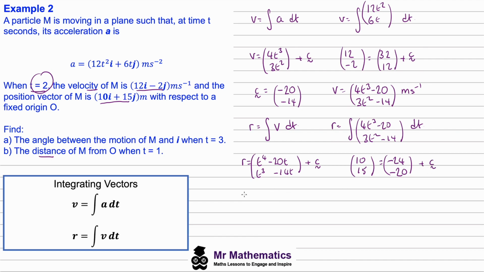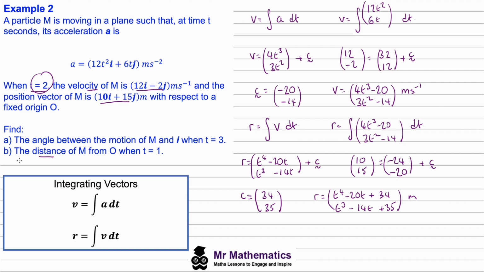So C then, as a vector, we'll move the negative 24 to the left-hand side, so we get 34. For the j component, we'll move the negative 20 to the left-hand side and we'll get 35. So r, in terms of t, will be t to the 4 minus 20t plus the constant 34. And then for the j component, t cubed minus 14t plus 35. And this will be in meters.